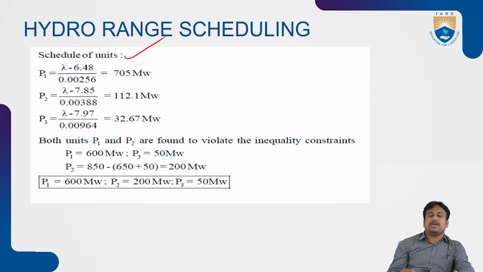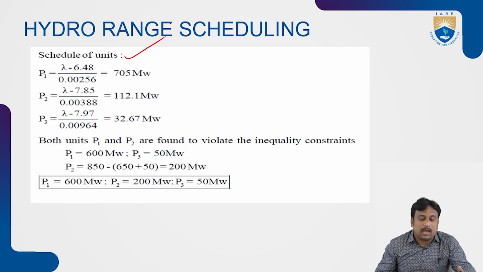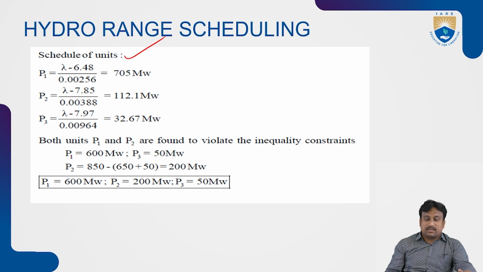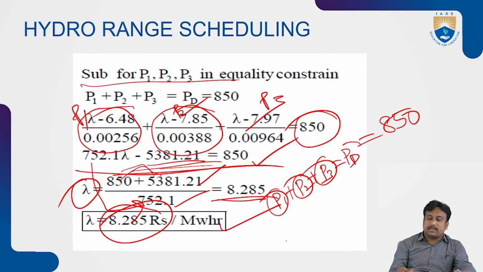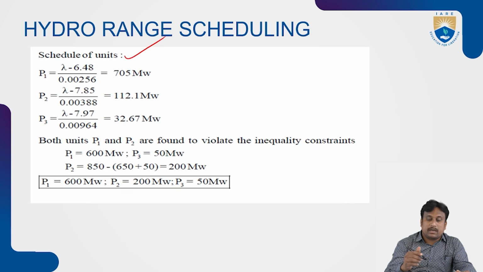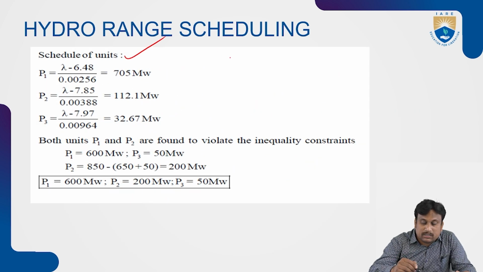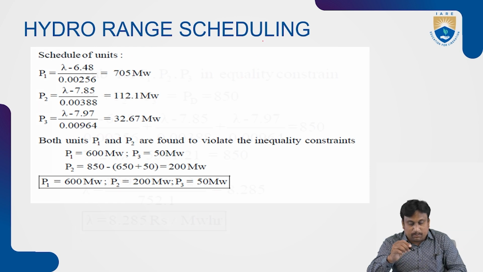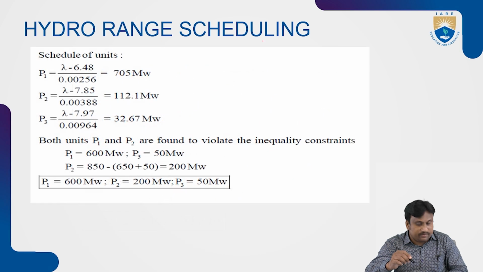Now, the schedule of the units may be obtained by substituting the value of lambda. So, we are getting lambda as 8.285, and that value we need to substitute here.